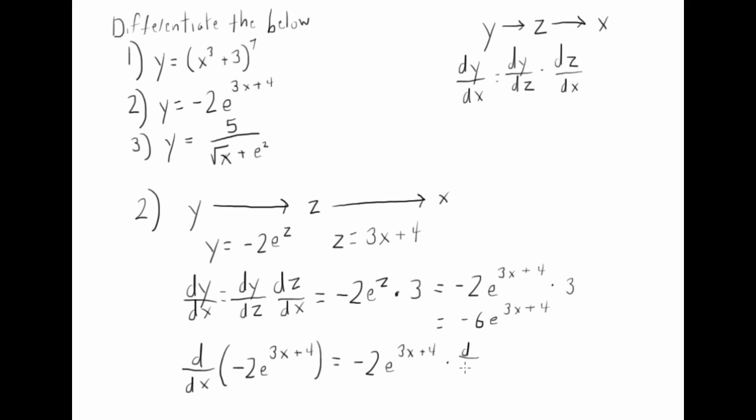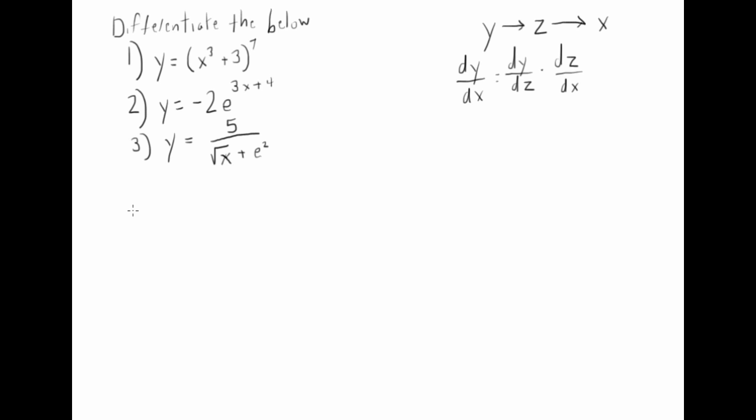Times the derivative of blah. And you can see I'm going to get the exact same thing as what I have there. It's two different ways of carrying out the chain rule. And again, I want you to find a way that works for you. So if the first way works, great, use it. If the second way works, great, use it.